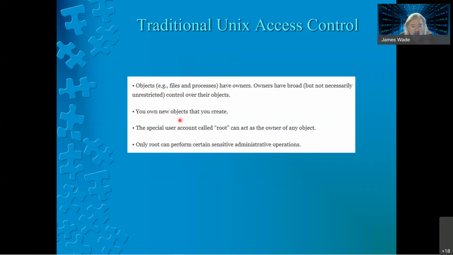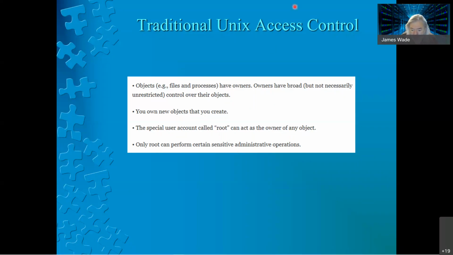So if you create a file, a directory, a process, then basically you own it. There's a special user account called root, and only root can basically access anything. If you're root, you can do whatever you want. And only root can perform certain sensitive operations.